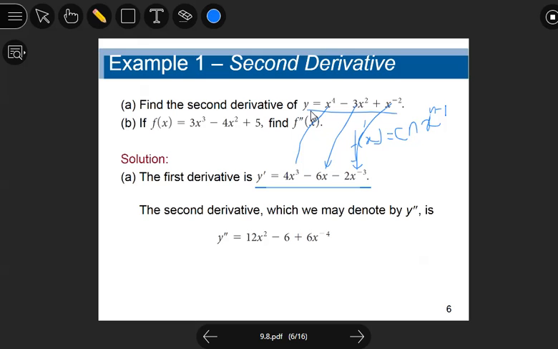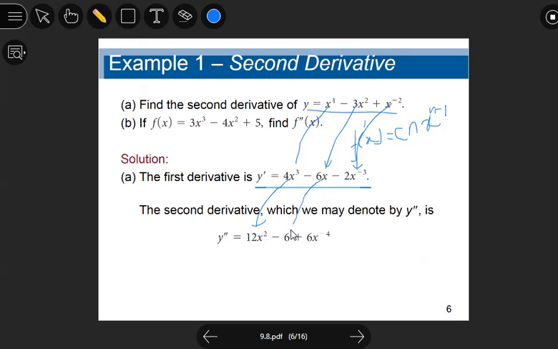Then to find the second derivative, again you have to derive this given function. The derivative of this one is equal to, you can see this is c and this is n. So after using this formula, 4 times 3 times x to the power 3 minus 1, it is 12 times x square.